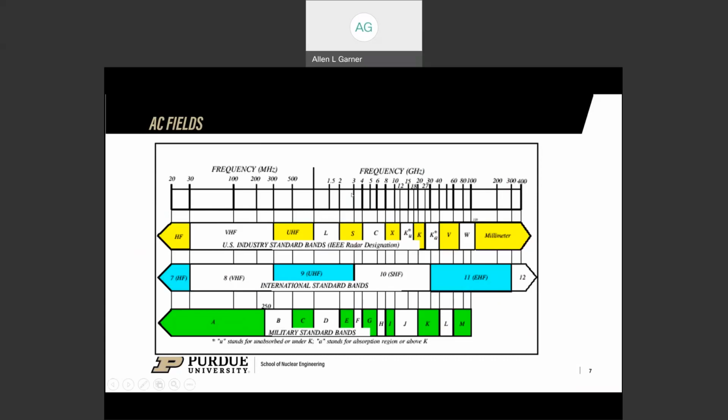Then you can go up to traditional microwave, 2.45 gigahertz, commonly used magnetron from a microwave oven. And there's also increasing interest in biological effects of millimeter waves. A lot of literature from the former Soviet Union, a lot of work in the 60s to the 80s trying to understand millimeter wave biological effects.